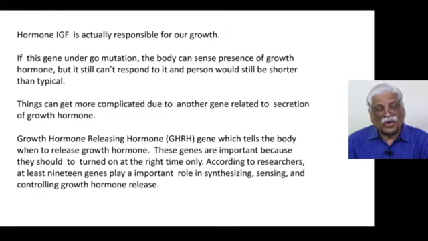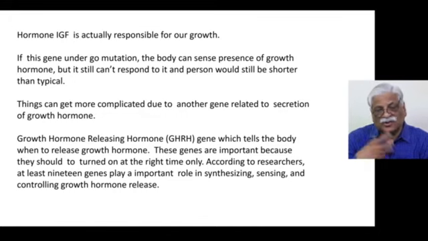Things can get more complicated due to another gene related to secretion of growth hormone, which is the growth hormone releasing hormone gene. This growth hormone releasing hormone, GHRH, is also required before the release of growth hormone from the pituitary, because GHRH stimulates the release of growth hormone from the pituitary.